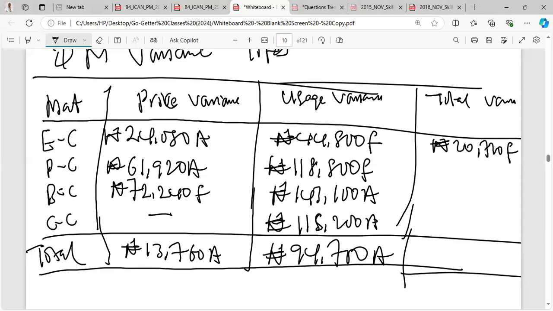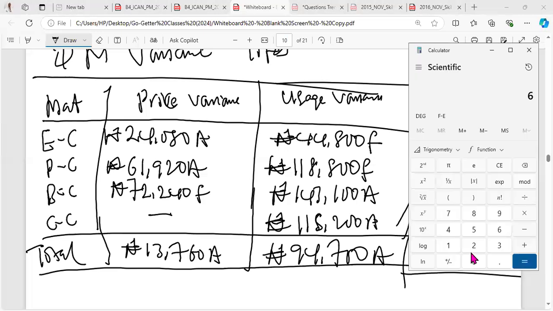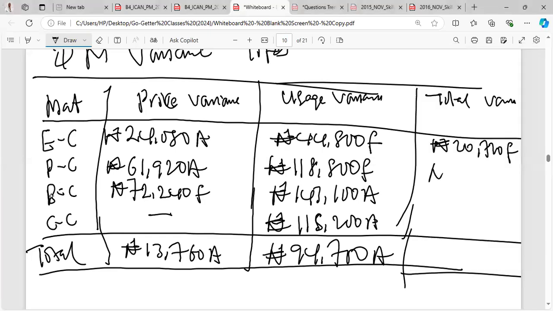Now look at the next one: 61,920 is adverse, plus 118,800 gives us 56,880 favorable.